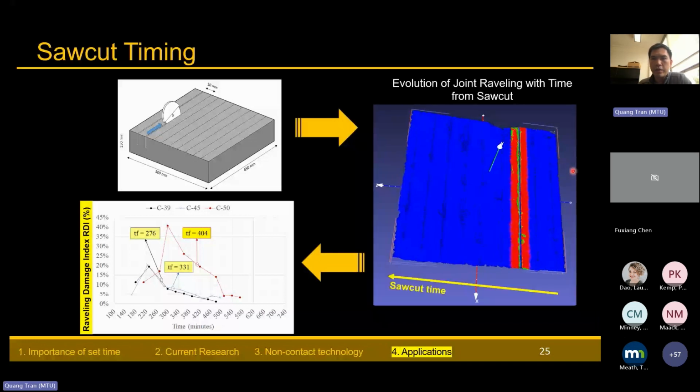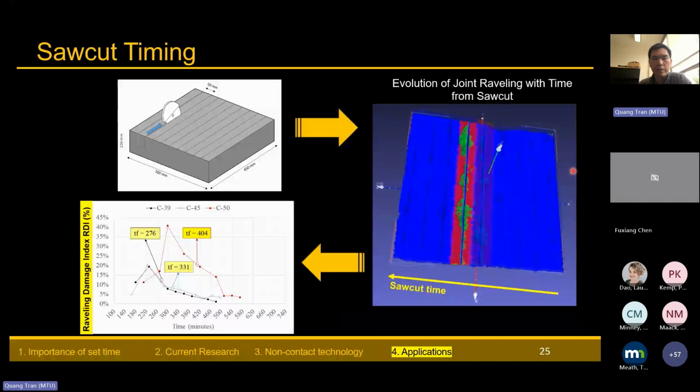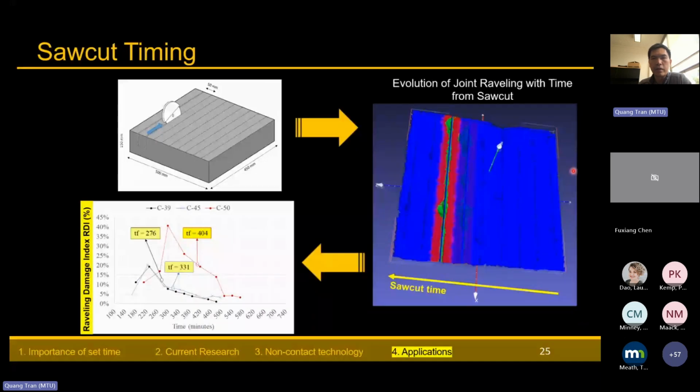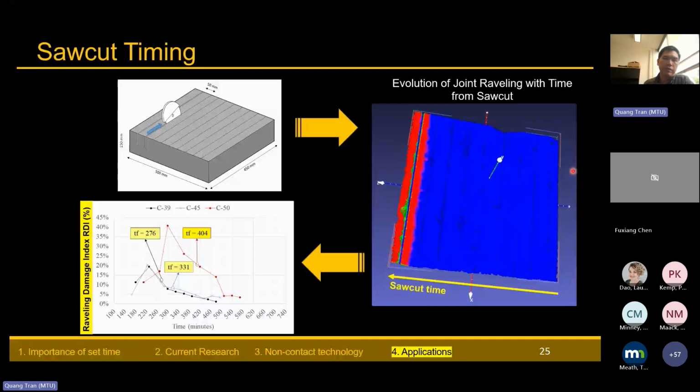As you can see, initially it has a very small intensity of the damage, but over time, when I keep cutting it, the damage is increasing, and at some point the damage is reduced and becomes more stable. And then I repeat that technique for all the mixtures that I have in the lab.